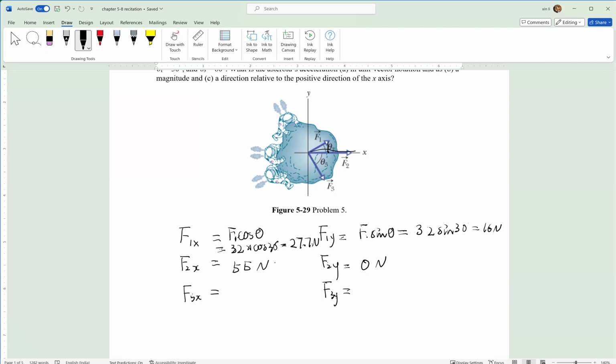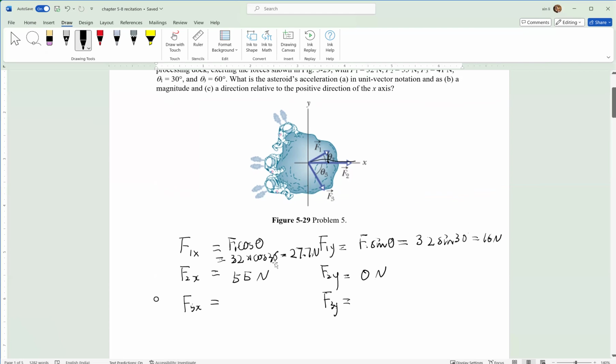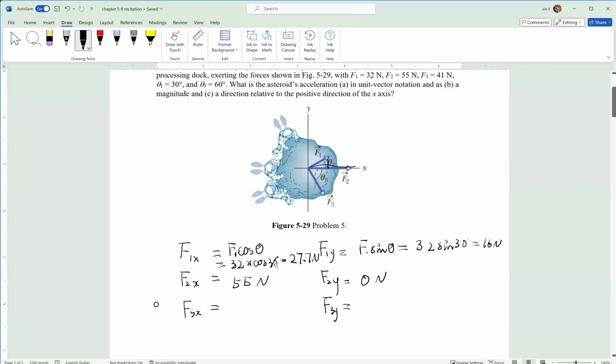Okay. So F3x, what is F3x? For F3x, you should also write F3 times cosine theta 3.